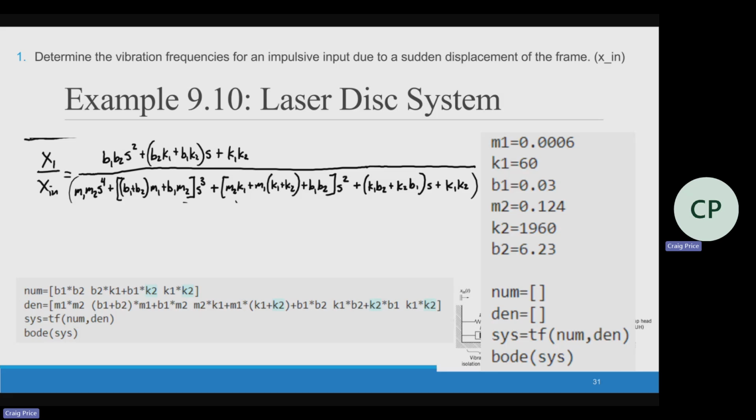This is where you're solving for the roots, the poles of the transfer function. That's how you can find the vibration frequency, which is very close to the natural frequency and resonant frequency. In this case, we should have two peaks, which you should see in your Bode plot, because each mass has its own resonant frequency. I'm going to give you a little bit more time, and then I'll show you and we'll wrap it up.